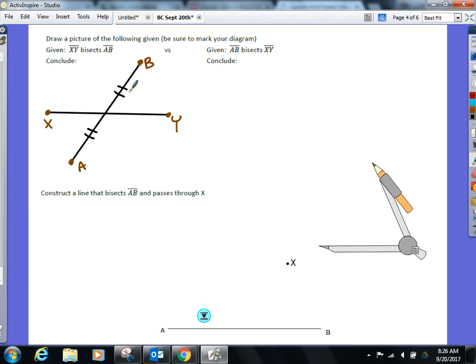There's one version up there. Because did I say it needed to be perpendicular? No, so it could have come in at any angle. It just had to go through the midpoint. It did not have to be perpendicular.